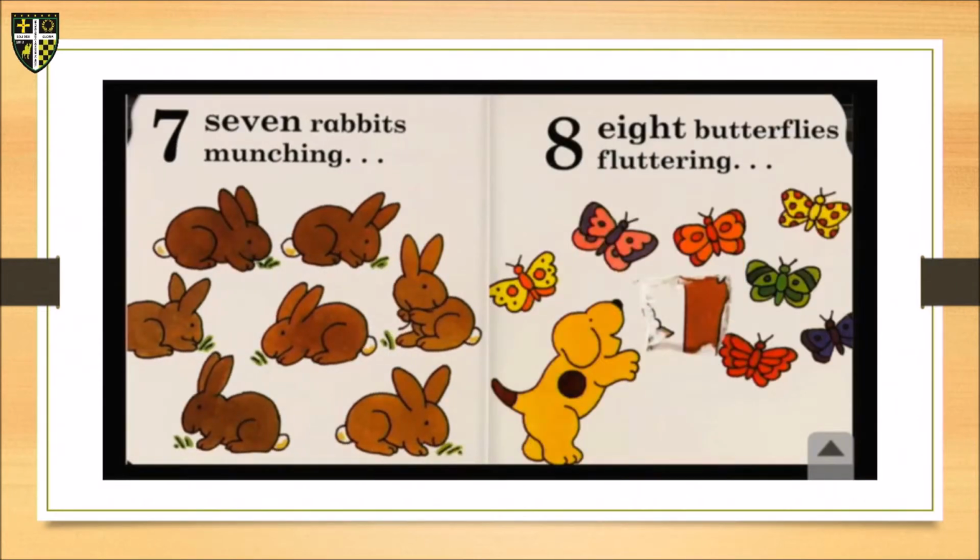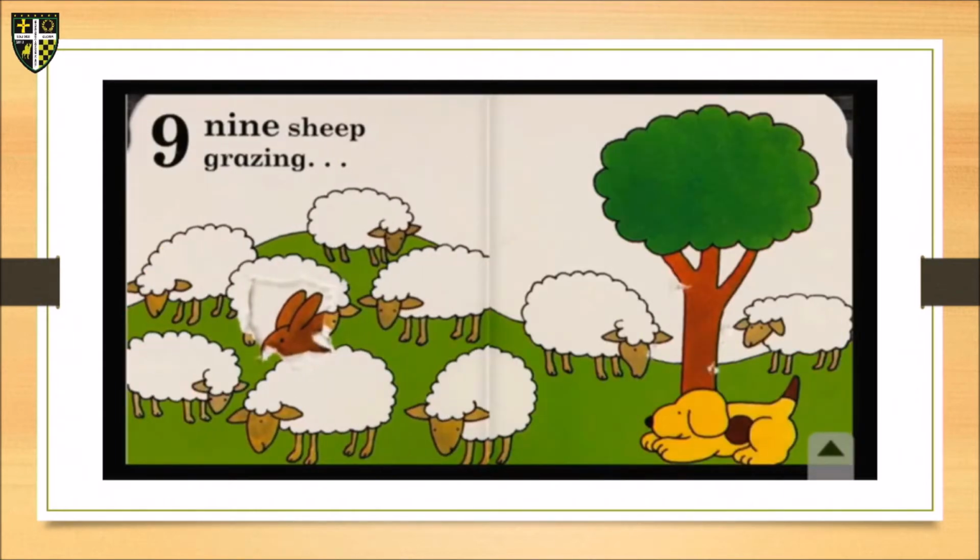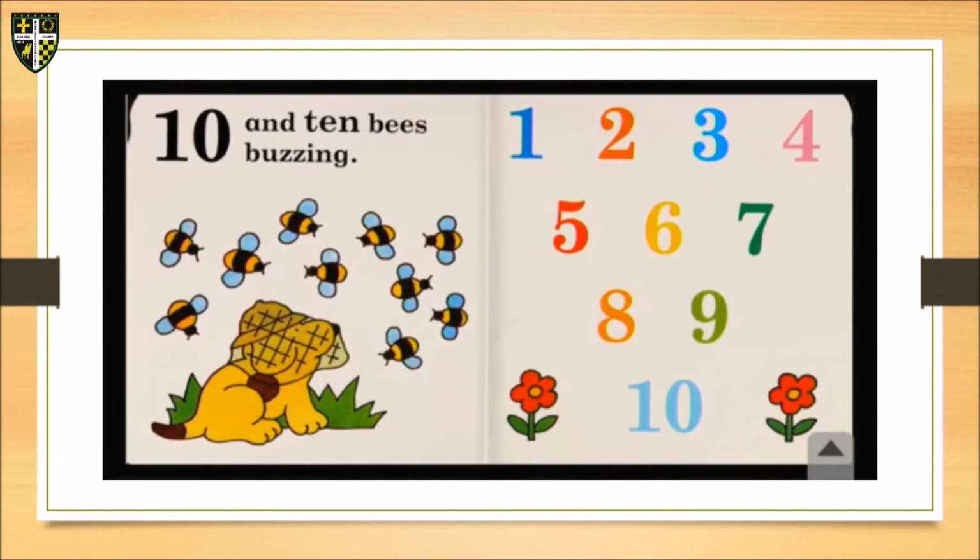7. 7 rabbits munching. 8. 8 butterflies fluttering. 9. 9 sheep grazing. 10.